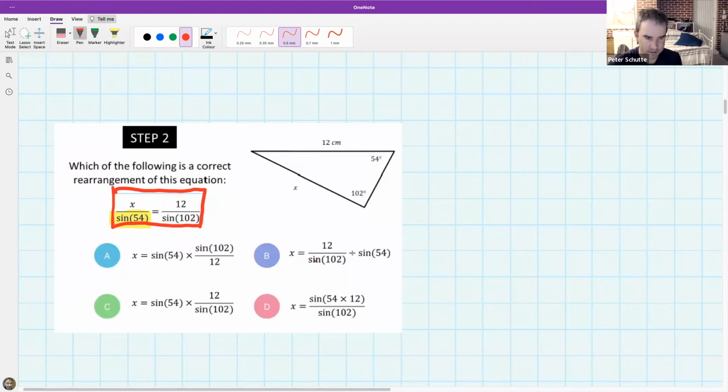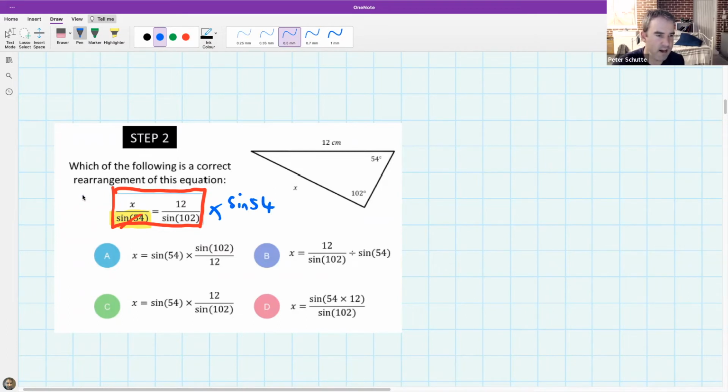So I think that when I bring it across to the other side, basically this sine of 54 is going to reappear over here. Which of the 4 options look the same? Well, there's nothing that looks exactly like that, but this also means the same as times by the sine of 54.